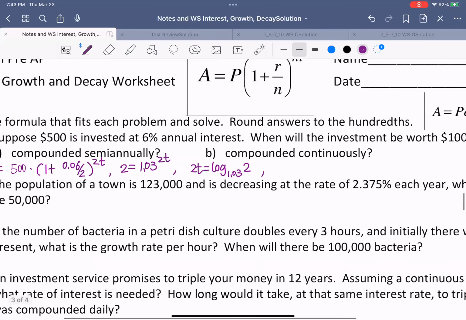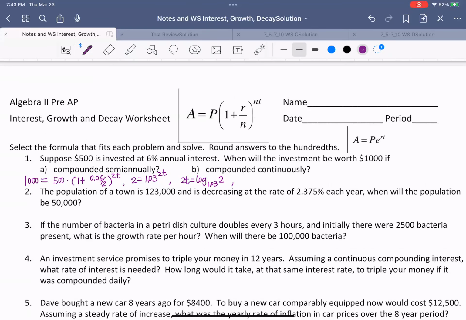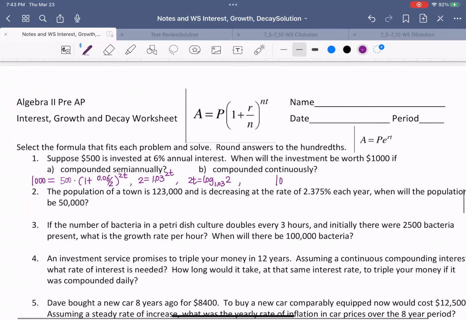Yeah. How do you do compound continuously? You do 1,000 equals 500 times e to the power of 0.06t. This, right? Yeah. And you can check, is this 2t close or different? And which is smaller, which is greater?